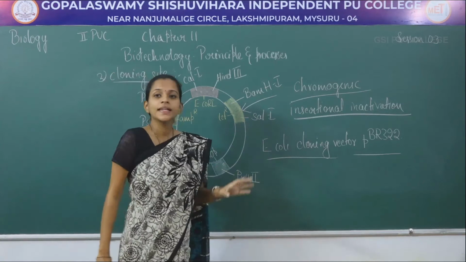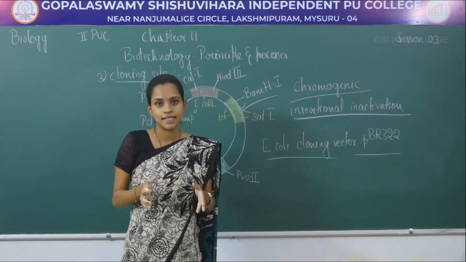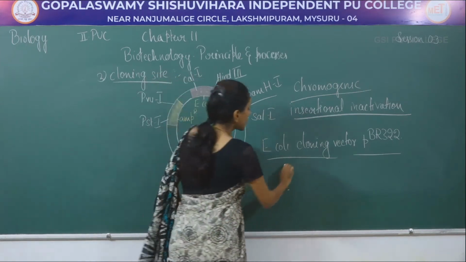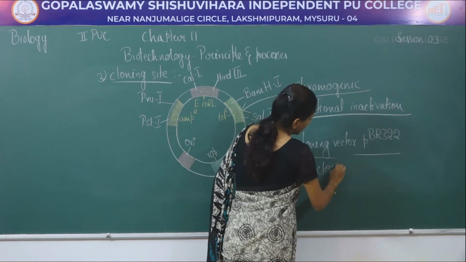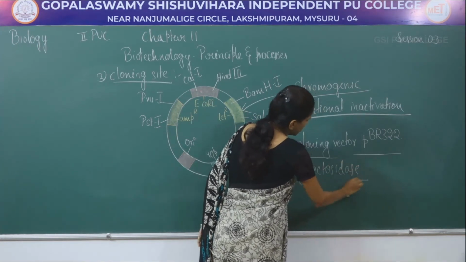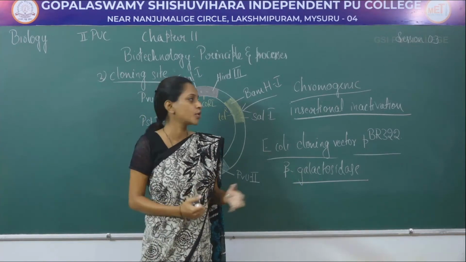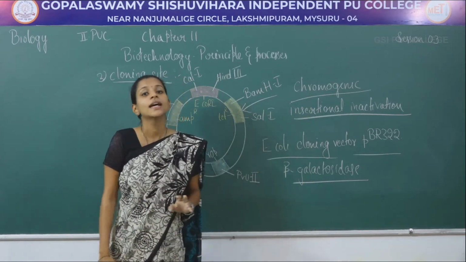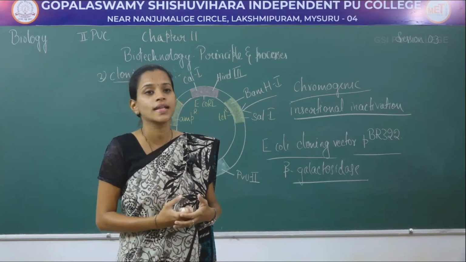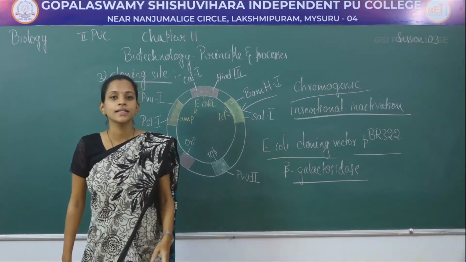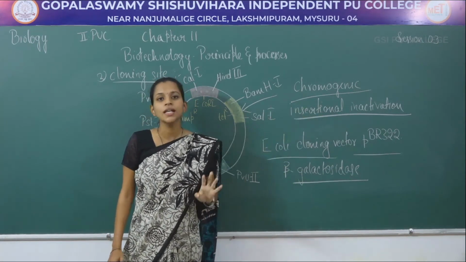When a recombinant DNA is inserted into a particular DNA sequence, especially in the beta galactosidase enzyme, it becomes inactive and it produces this insertional inactivation.